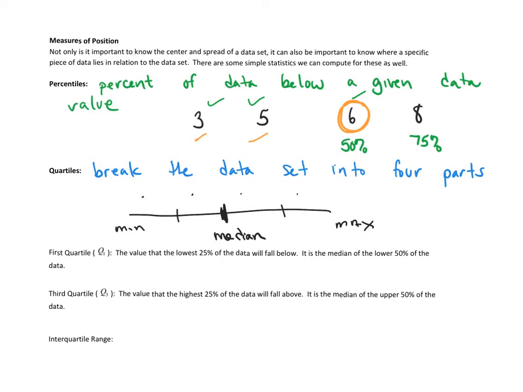It's the median of the lower 50%. So if you have this bottom 50%, the middle of that is going to be Q1. Similarly, you will have a value that cuts off the top 25%. We call that the third quartile, Q3. Again, it's found by finding the middle of the top 50%.